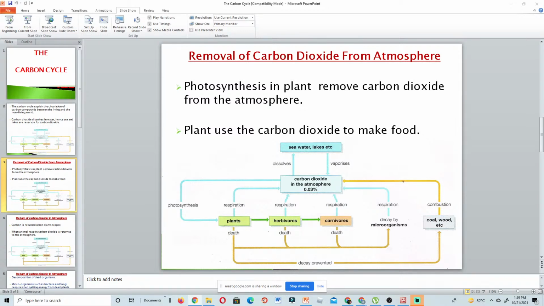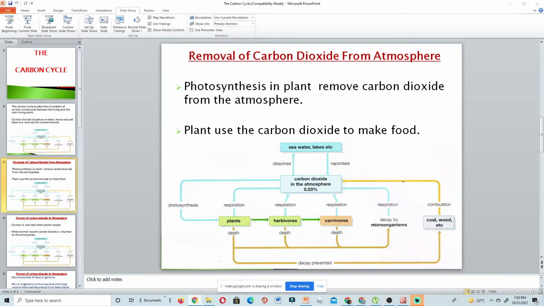All right, so photosynthesis in plants removes carbon dioxide from the atmosphere. All of these organisms give off carbon dioxide as a waste material, but to plants, this gas is important because in the process of photosynthesis, in order for plants to make their own food, plants combine carbon dioxide with what is known as hydrogen, and that will give you a nutrient called carbohydrate or glucose.